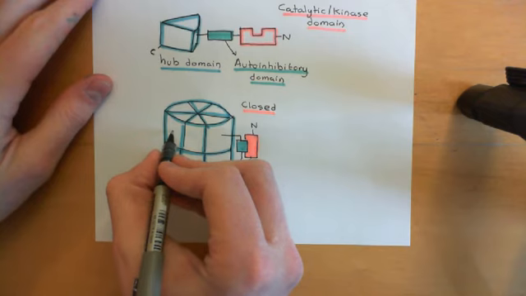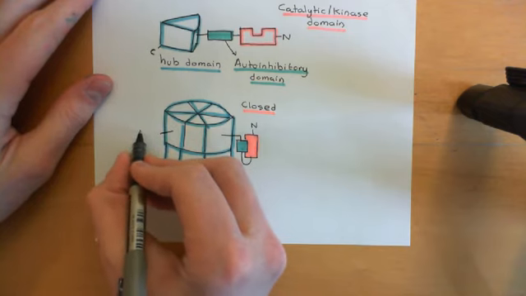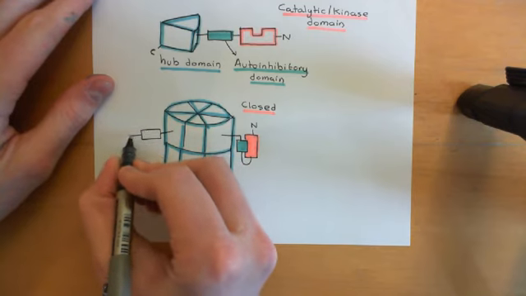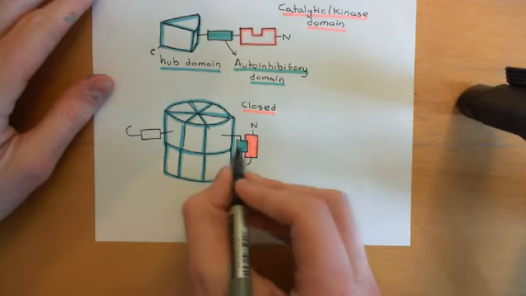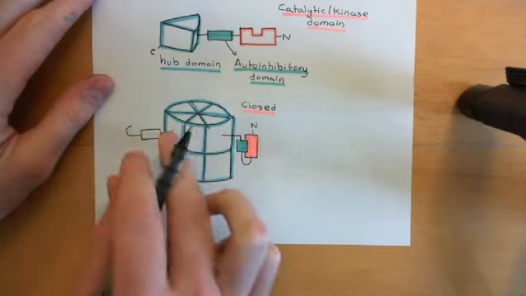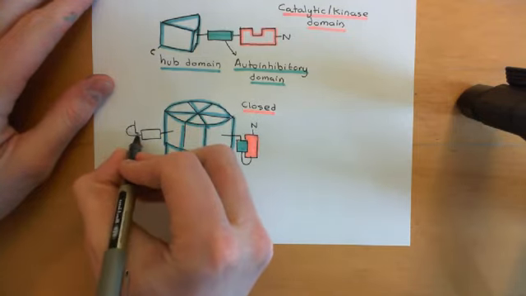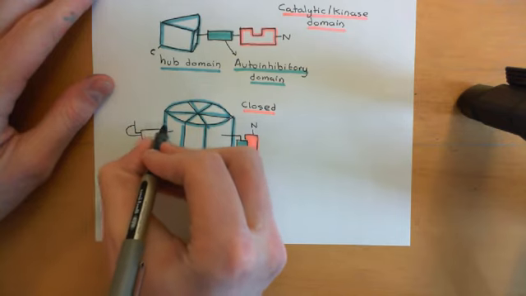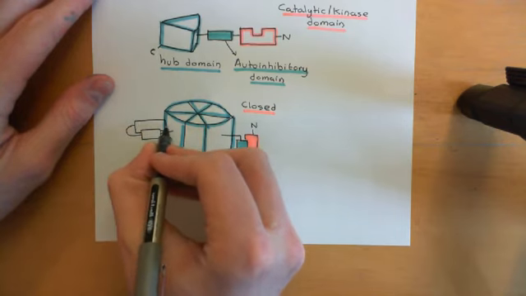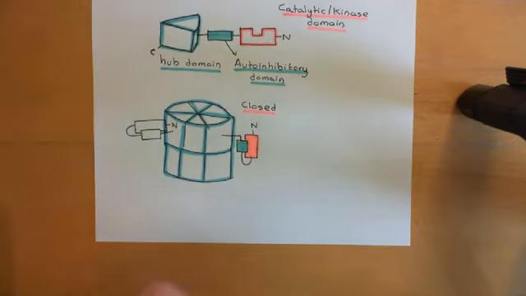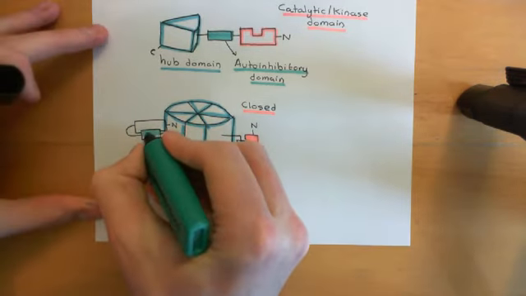So now let me show you a more open conformation. A more open conformation might be like so. Here's the inhibitory domain no longer pressed against the hub domain but more open now. And it's still an inactive conformation because the catalytic domain of the CamKII 2 is still going to be attached to that autoinhibitory domain and therefore is going to be inhibited by it.